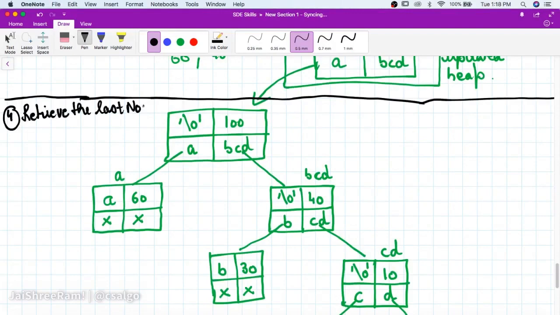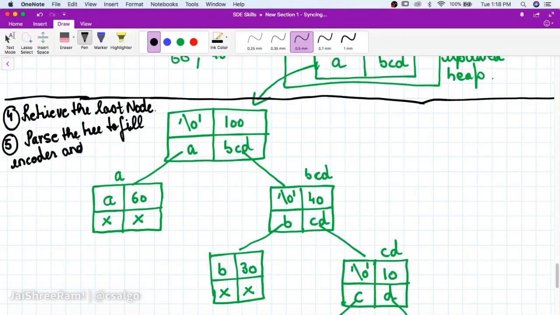I have opened up the last node in the form of a tree here. Now the fifth step is to parse the tree to fill the encoder and decoder. So this is my fifth step.